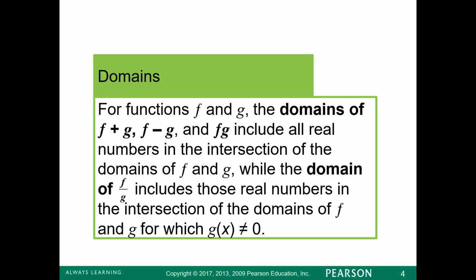So for the functions f and g, the domains of f plus g, f minus g, and fg include all real numbers in the intersection of the domains of f and g. While the domain of f over g includes those real numbers in the intersection of the domains of f and g for which g of x is not equal to 0.